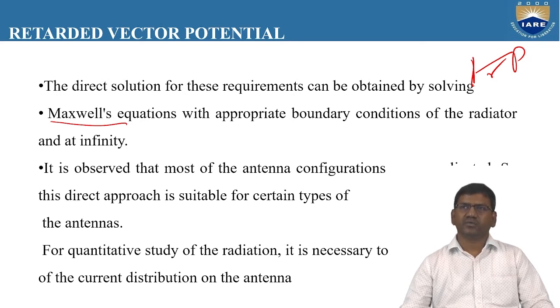So if we want to calculate the potential, we need to find out the distribution of current in the antenna, whether it is linear or sinusoidal. That depends upon the structure and the dimensions of the antenna.